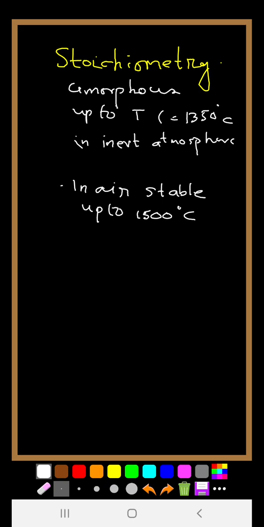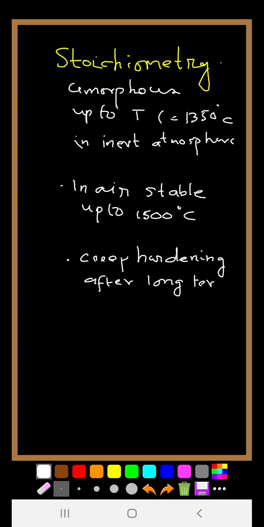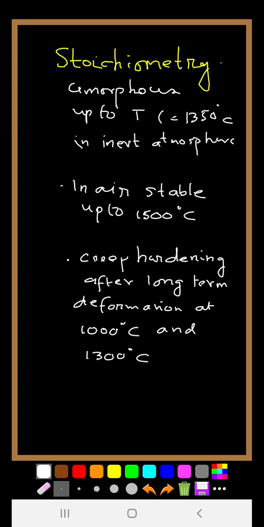They undergo creep hardening after long term deformation at 1000 degrees centigrade and 1300 degrees centigrade in nitrogen atmosphere without vitrification for polysilazane.